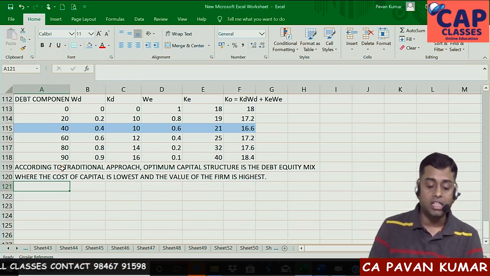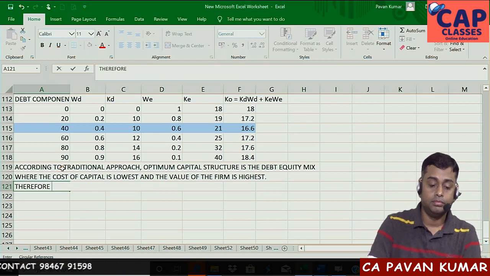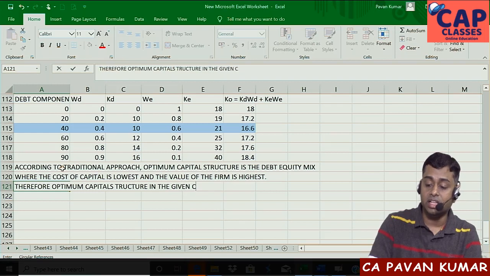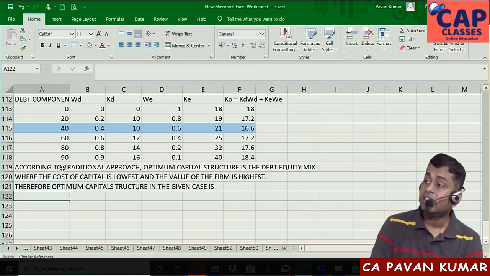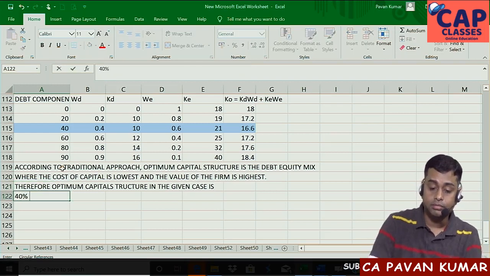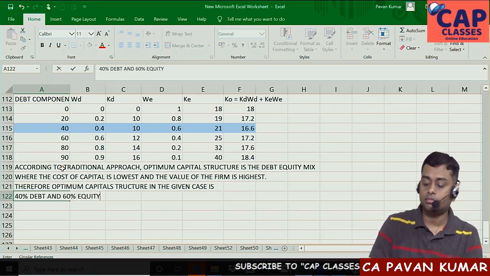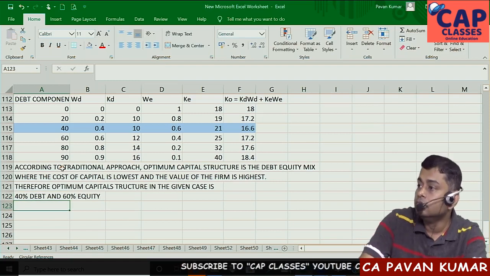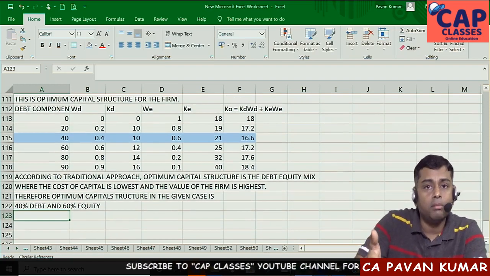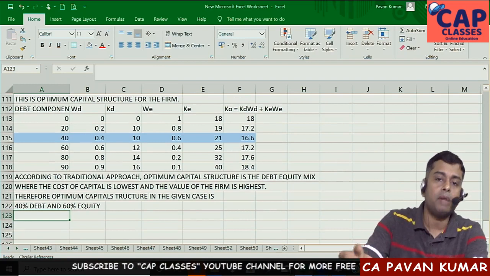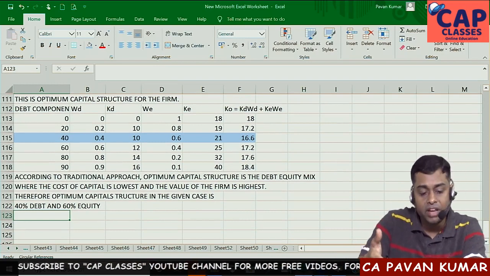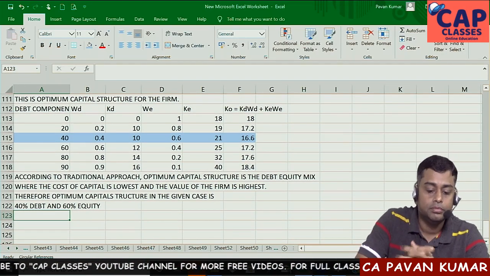So that is the optimum capital structure. Therefore, the optimum capital structure in the given case is 40% debt and 60% equity. That's it. You understand this kind of problems; we have done them in the cost of capital chapter also, not only in capital structure.